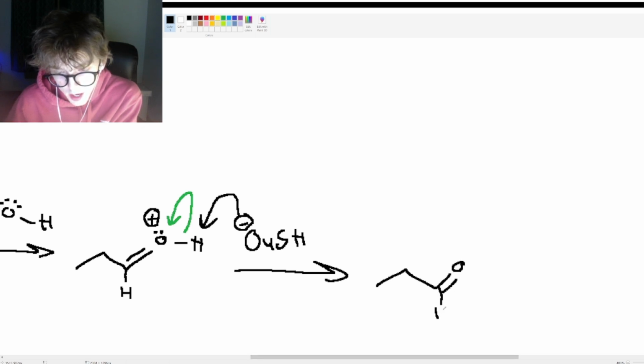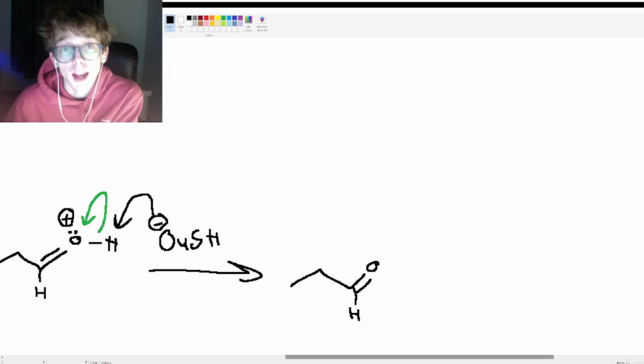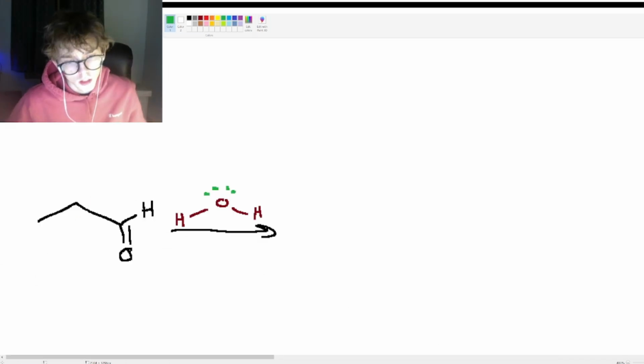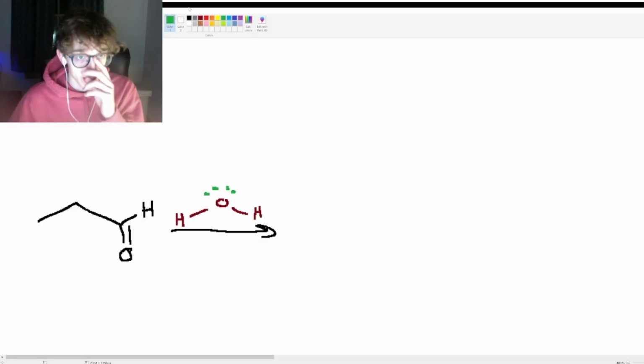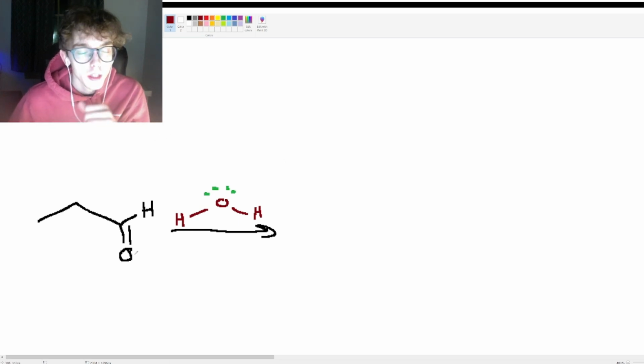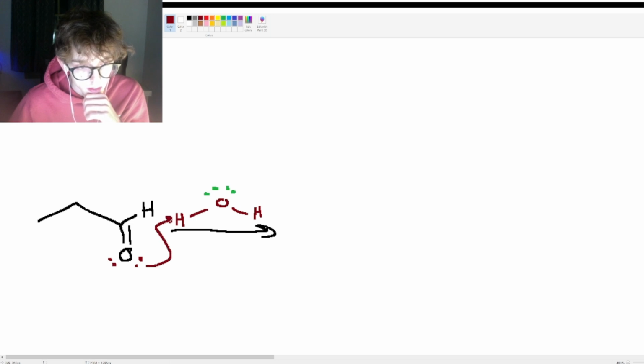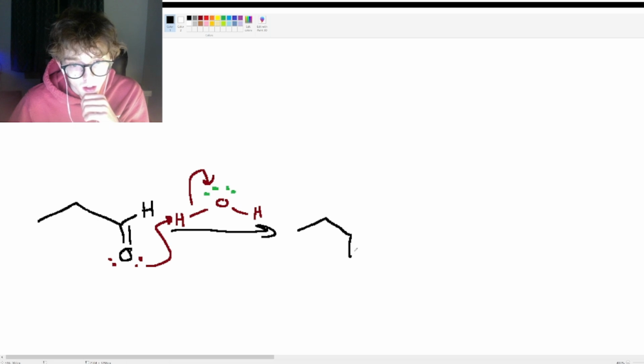All right, so now we have to turn this into a carboxylic acid. Now that we have our aldehyde, we're going to start this little reaction here with water. We need to make a hydrate. So what we're going to do is this carbonyl is going to get protonated by the water, and that puts a positive charge here.